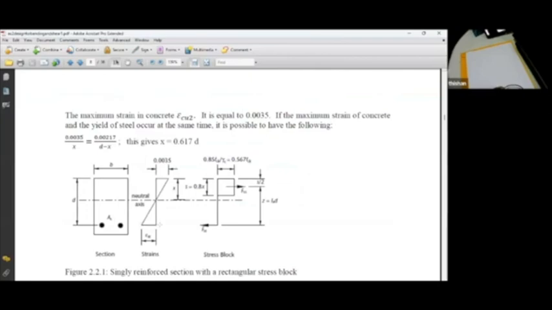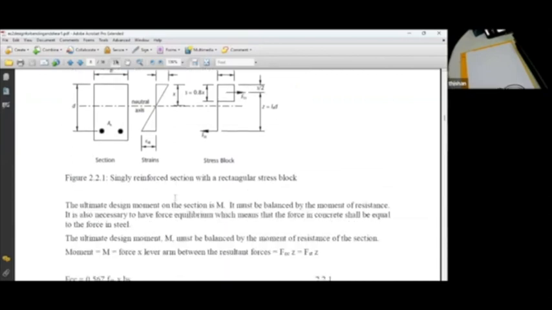Because we like steel to yield and concrete to crack and give us a warning before it fails. This type of beam is called an under reinforced beam. So any beam having the depth of the neutral axis less than 0.45 D is called an under reinforced beam.